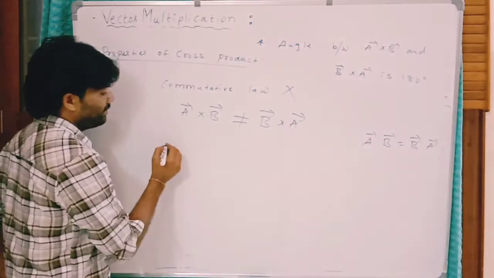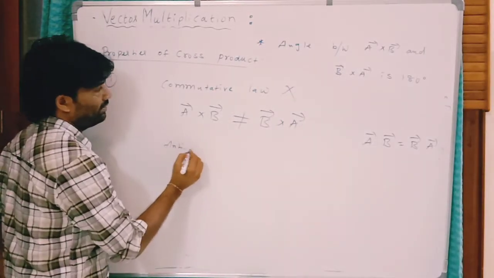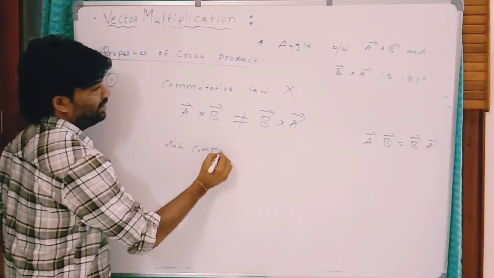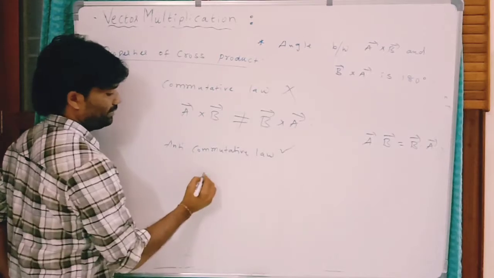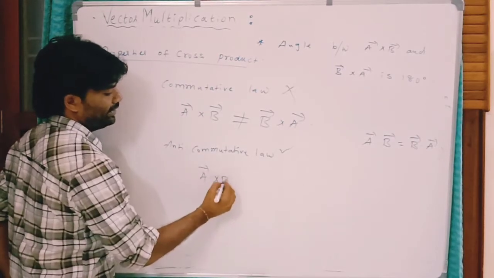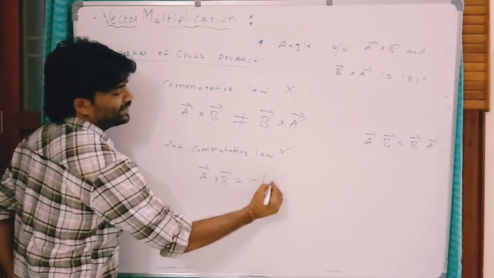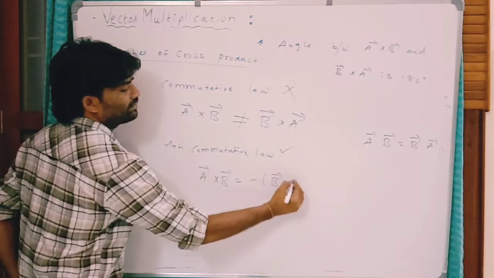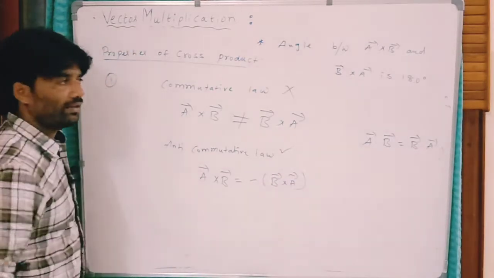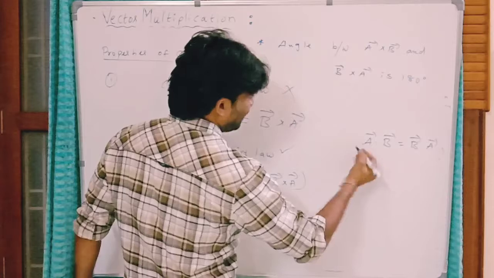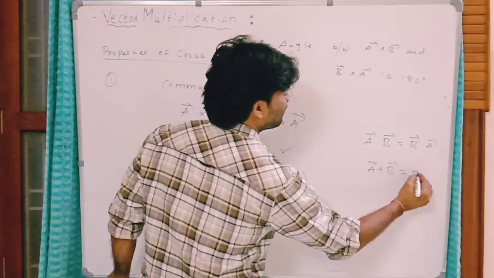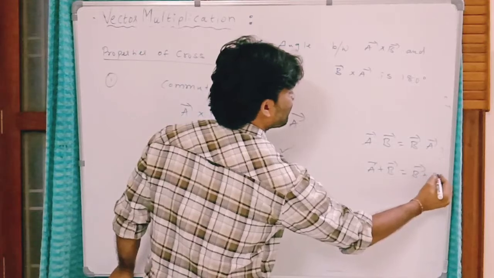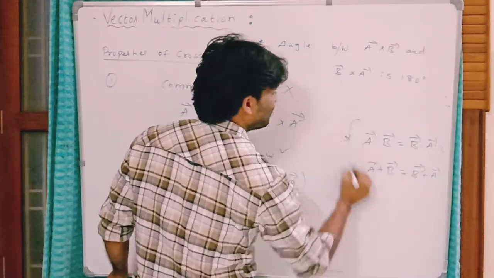But it obeys anti-commutative law. What is that? Means what? A cross B is equal to minus B cross A. Same as in the case of vector addition, A plus B is equal to B plus A. That addition also obeys commutative law, right?